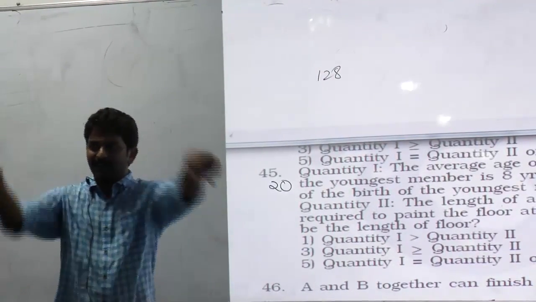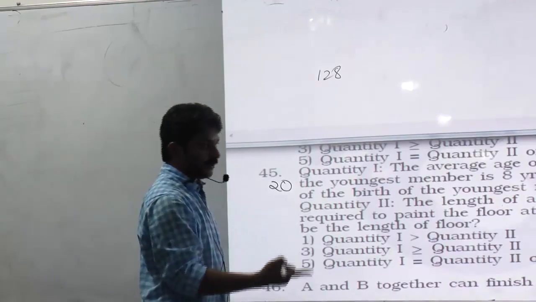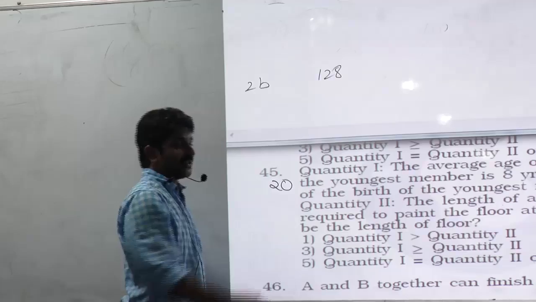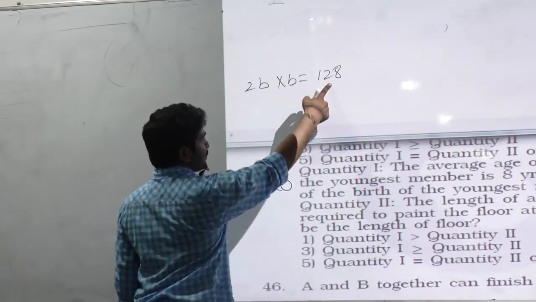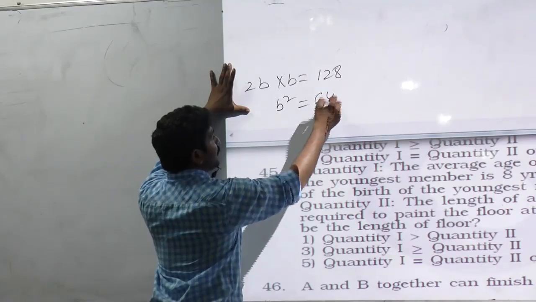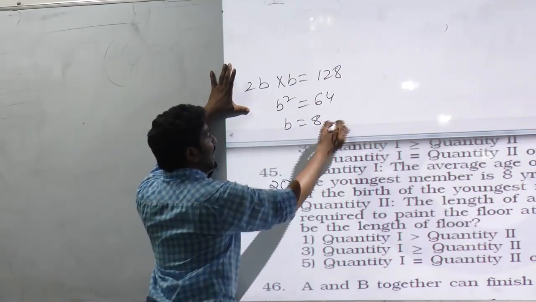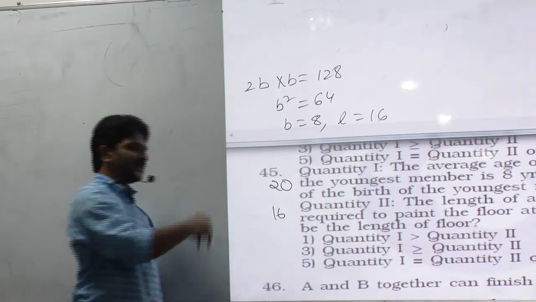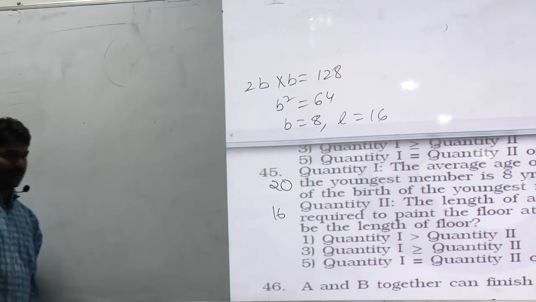Paint is applied on the floor, right? Floor, what is that? Length into breadth. What is length? Twice its breadth, given in the first condition. Length into breadth is equal to this much, 128. B square is equal to 64. B is equal to 8 and L is equal to 16. And you are asked about length, which is 16. Quantity 2 is 16. Quantity 1 is more than quantity 2.